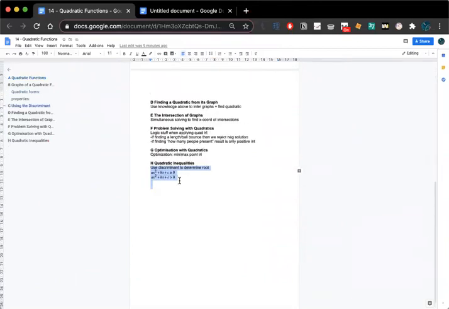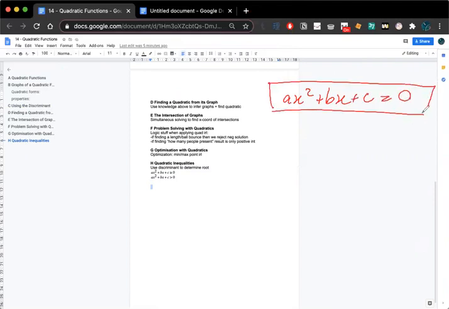Then next up, we have quadratic inequalities. Quadratic inequalities, in essence, are pretty much similar to finding the roots of ax squared plus bx plus c, but the difference is that the sign here is less than or more than.